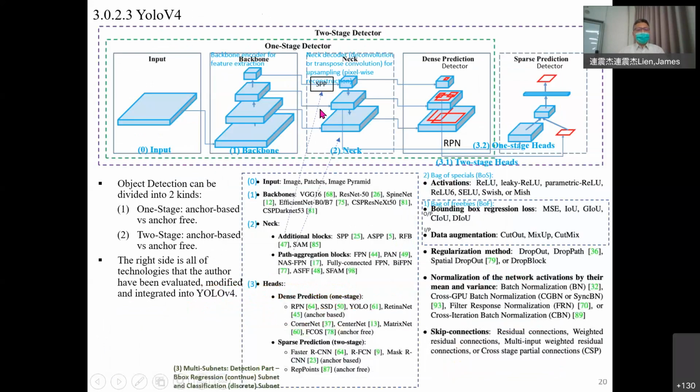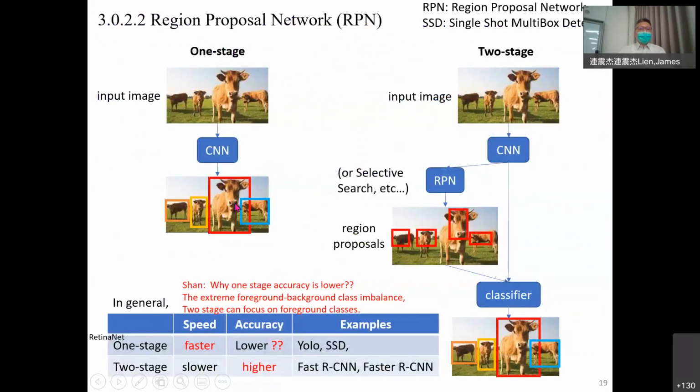And RPN has two methods. One method is called one stage. RPN is important because it has an anchor. They try to define some anchors. Okay, we'll talk about anchors later. It first determines bounding boxes of different sizes, draws the bounding boxes for you, and then you look inside the bounding boxes to see whether there is an object.